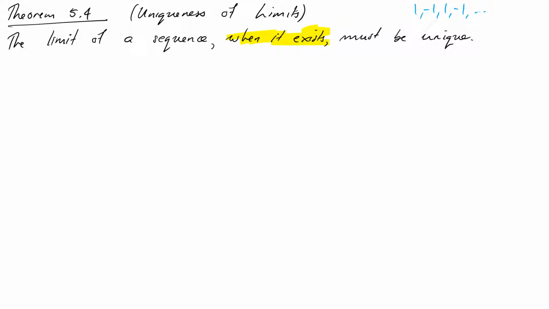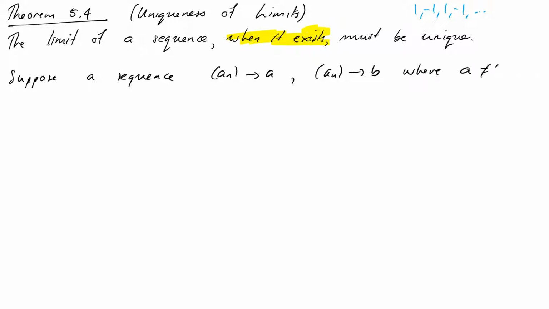So we are going to just illustrate this graphically and sort of informally prove it by waving our hands a wee bit, but the idea is pretty simple here. So suppose a sequence an converges to some value a and also to some value b where a is not equal to b.